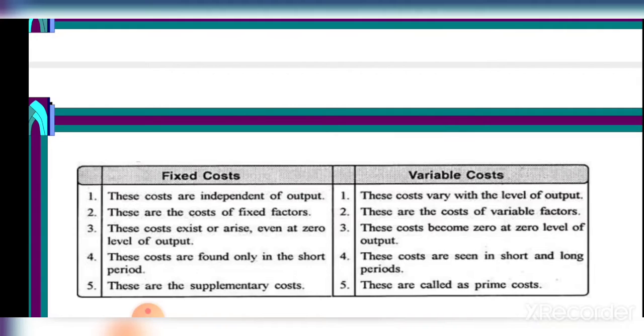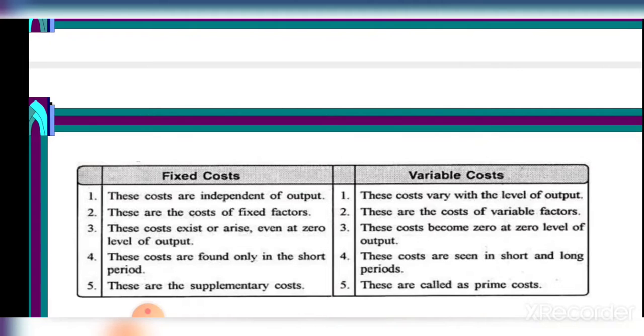Next, see the right column, variable cost. These costs vary with the level of output. So there is a variation in the cost expenses. These are the costs of variable factors. Variable factors may change at any time. These costs become zero at zero level of output.